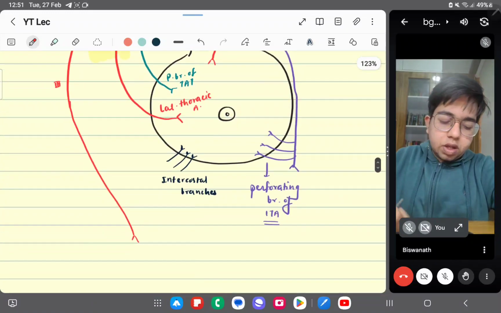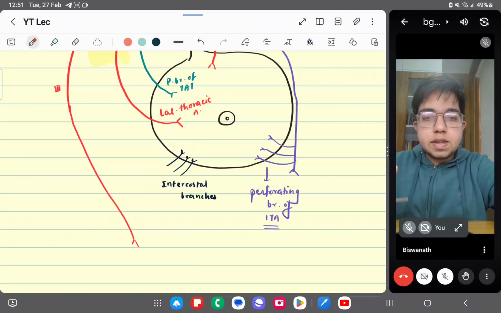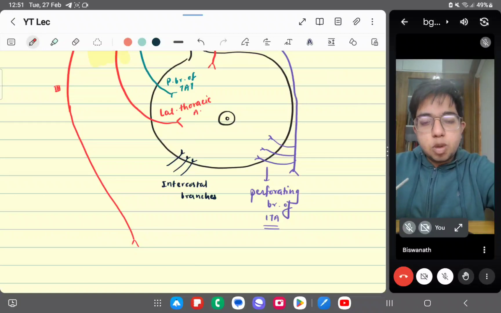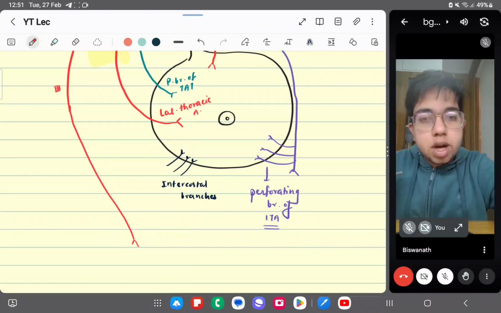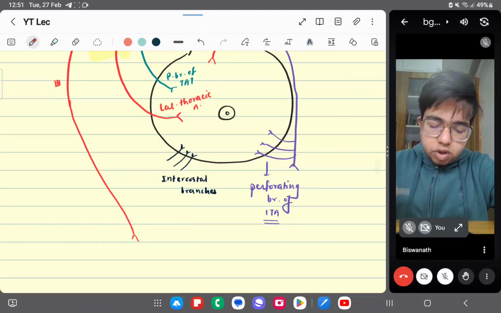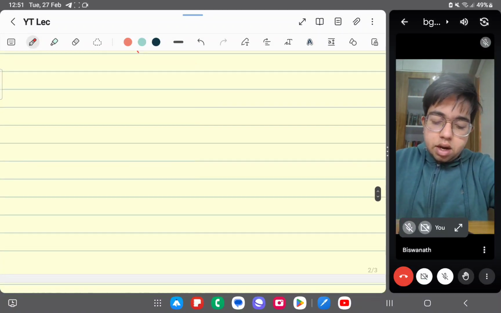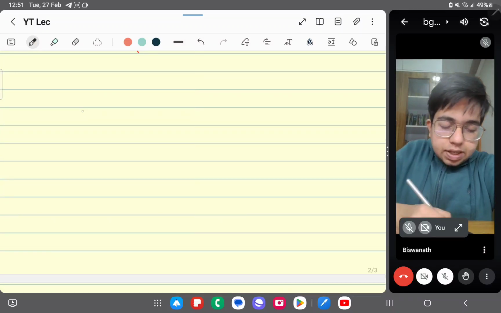Third part has three branches: the anterior circumflex humeral artery, the posterior circumflex humeral artery, and the subscapular artery. ACHA, PCHA, and subscapular artery. I'll be drawing this portion again. Let me draw the whole humerus and the scapular region.